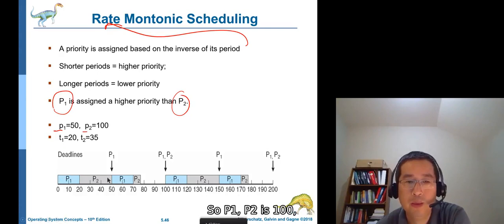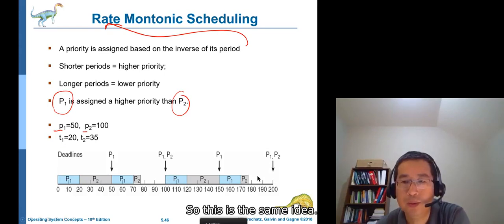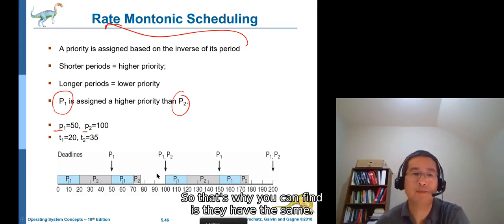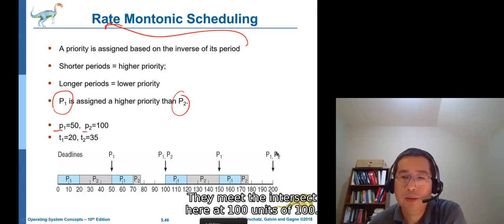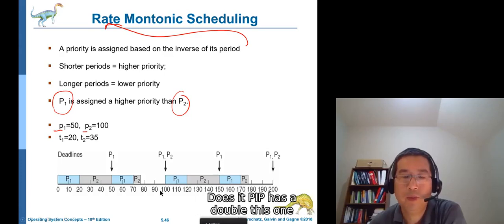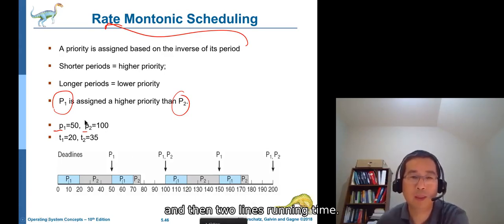So P1 is 50, P2 is 100, and then P2 another 100. So that's why you can find that they intersect here at 100 units. That's because P2 is double this one.